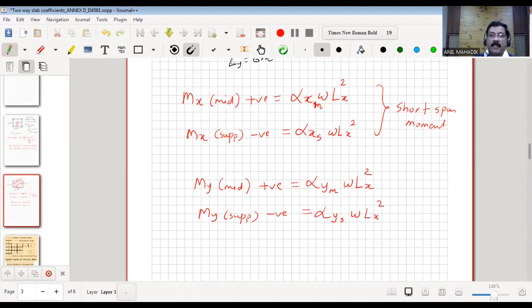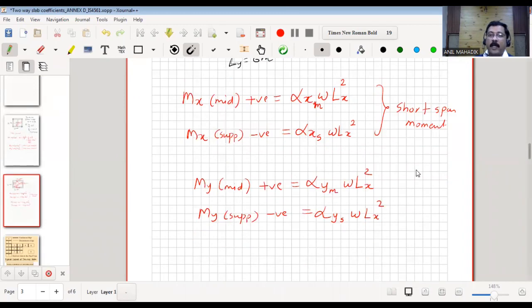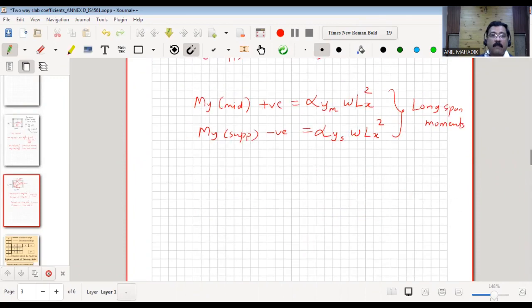Now this alpha x and alpha y depend on the ratio of Ly upon Lx. So actually these are long span moments. And alpha x, alpha y depend on the Ly upon Lx ratio. Ly is the long span and Lx is the short span.